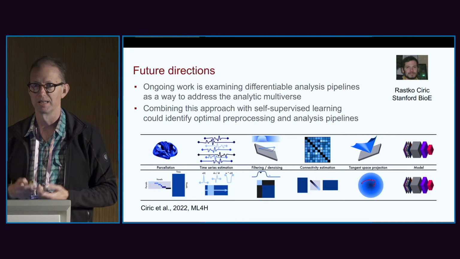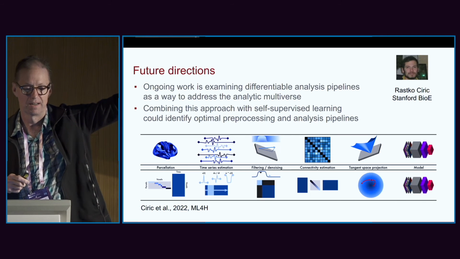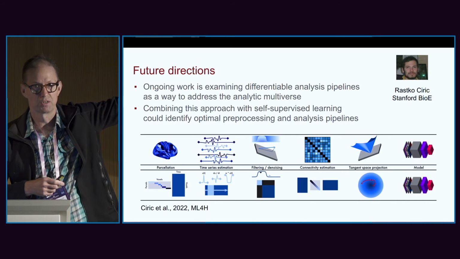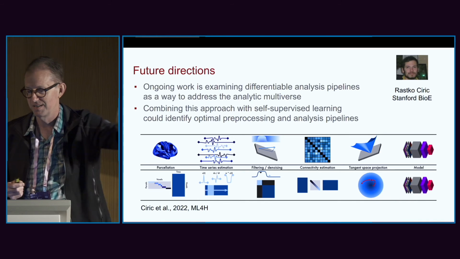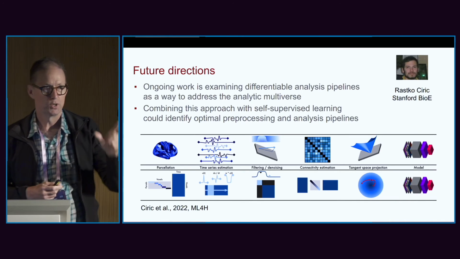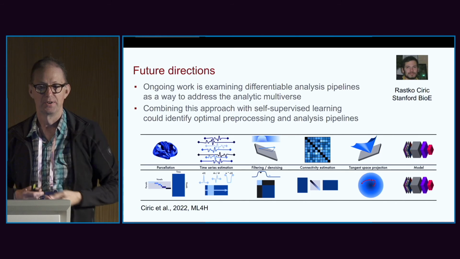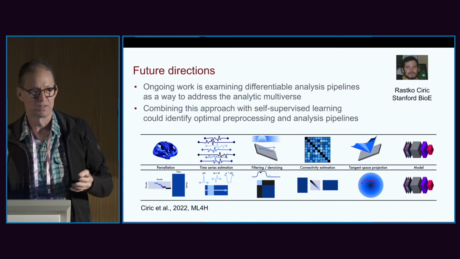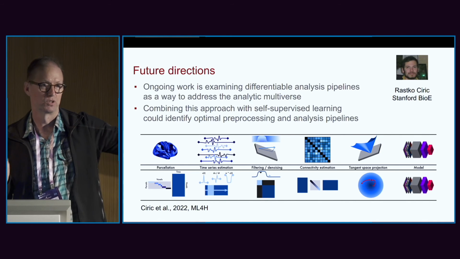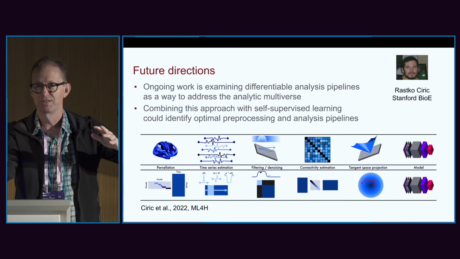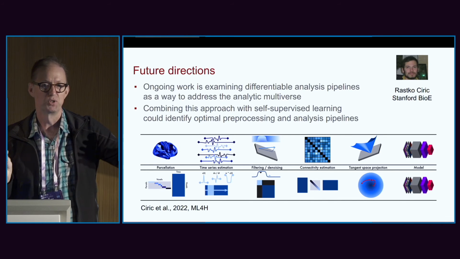This is something people have been doing in other fields for the last couple of years. He's been interested in connectivity analysis. So the idea is there's a bunch of steps in that analysis: parcellation, time series estimation, filtering, connectivity estimation, and so on. You build each one of those as a differentiable node in a neural network. That means you can backpropagate error across the whole thing and do gradient descent to learn for some objective, let's say task decoding or age decoding, whatever the objective is that you want to maximize.